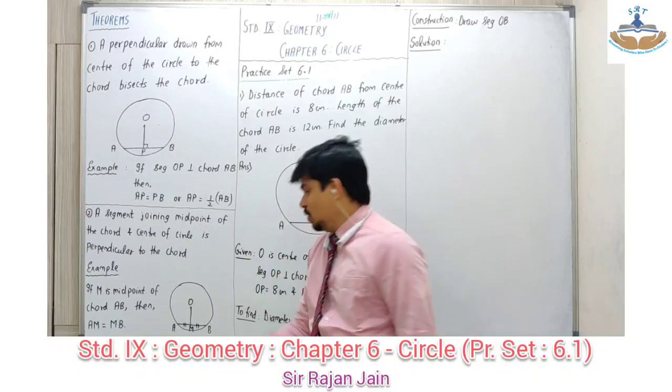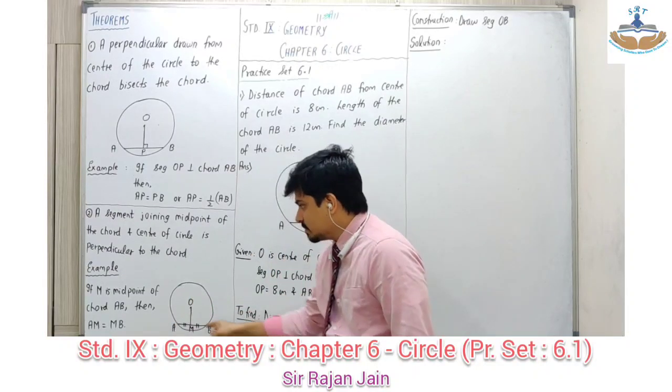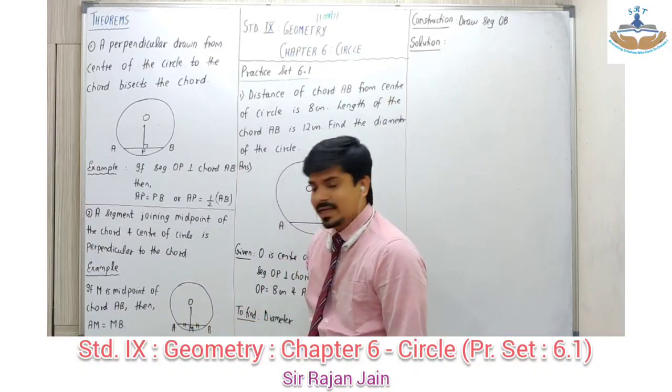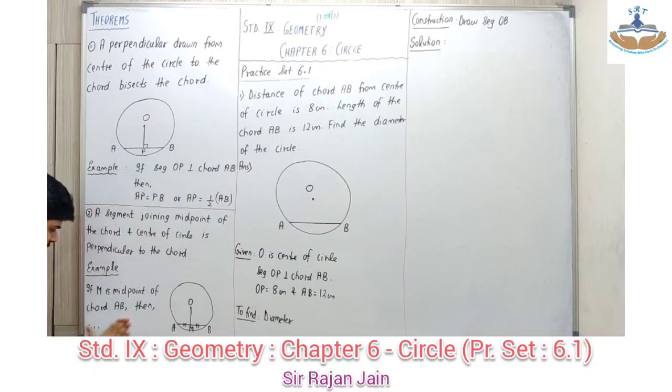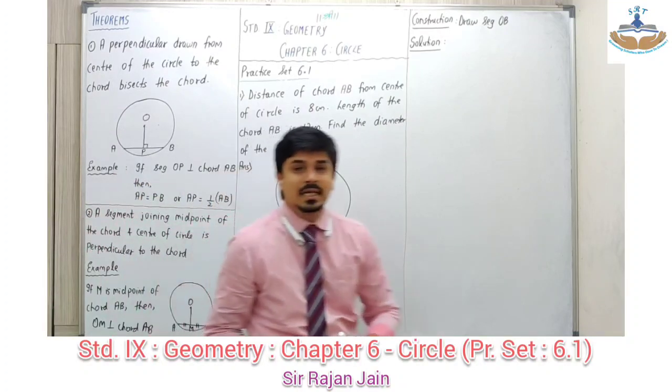So you can conclude that segment OM is perpendicular to chord AB. Is that clear? So over here, if M is midpoint of chord AB, then you can say that OM is perpendicular to chord AB. Is that clear?